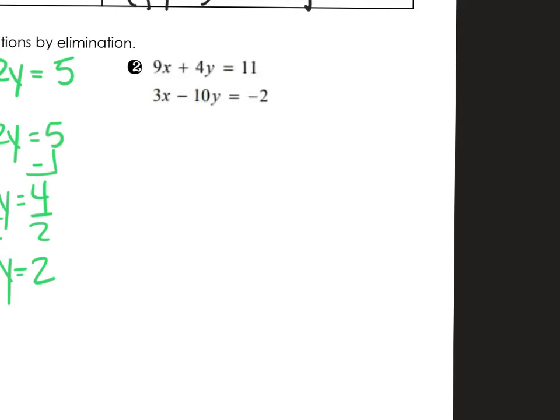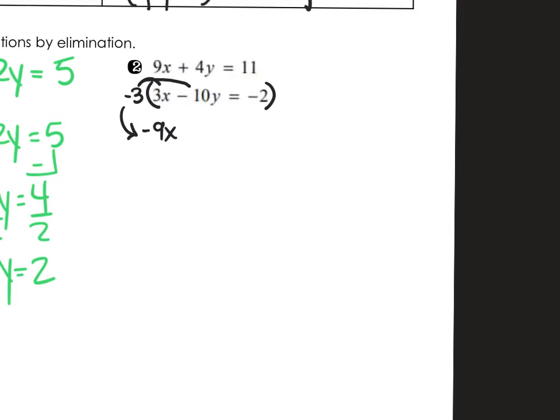So to do that, I can multiply this entire thing. To get the opposite of 9 would be negative 9, so negative 3 times 3 would be negative 9. So I'm going to rewrite all that here. I'm basically distributing this to all of it. Negative 3 times 3x is negative 9x.